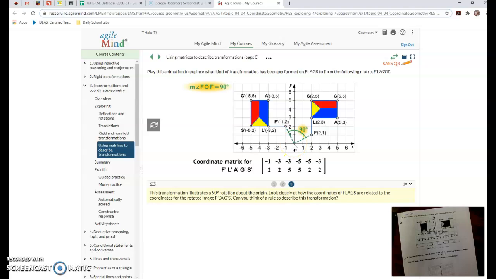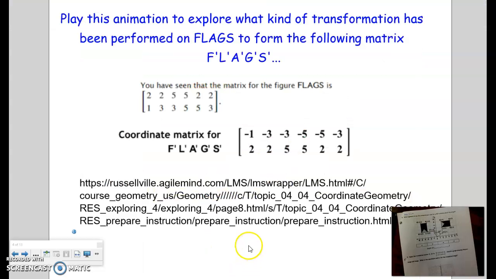Whenever you have a rotation, there's a lot of information to include. You have to say a rotation, how many degrees, which direction, and around what point. So we had a rotation of 90 degrees counterclockwise around the point (0, 0), or the origin is what we call that.